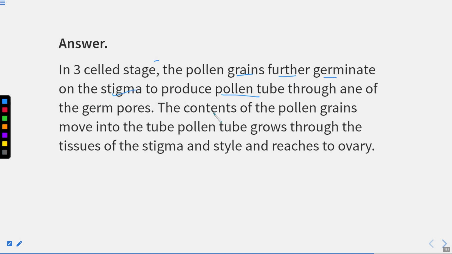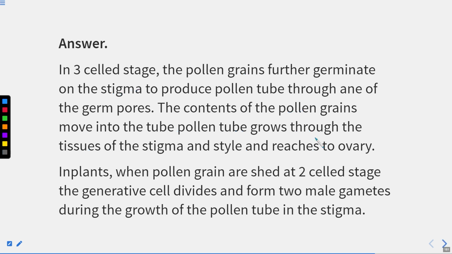The contents of the pollen grains move into the pollen tube. The pollen tube then grows through the tissue of the stigma and style and reaches the ovary. This you already know. Now, in plants where pollen grains are shed at the 2-cell stage, the generative cell divides and forms 2 male gametes later, during the growth of the pollen tube.